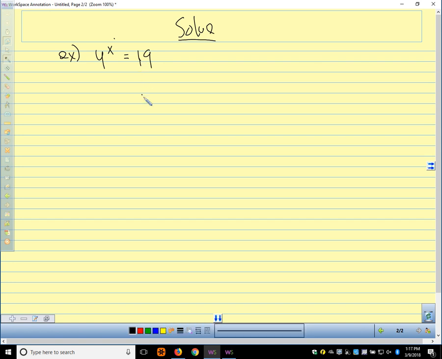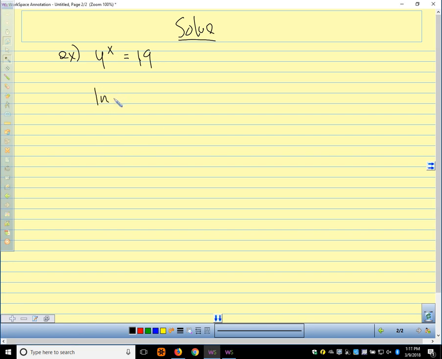All right, so 4 to the x equals 19. We want to figure out what x is. We've already got the exponential function by itself. So one way that we can do this is take the log of both sides. If we want to plug this into our calculator, we'll take the natural log or the common logarithm. I always use the natural log, just because that's the one I end up using the most.